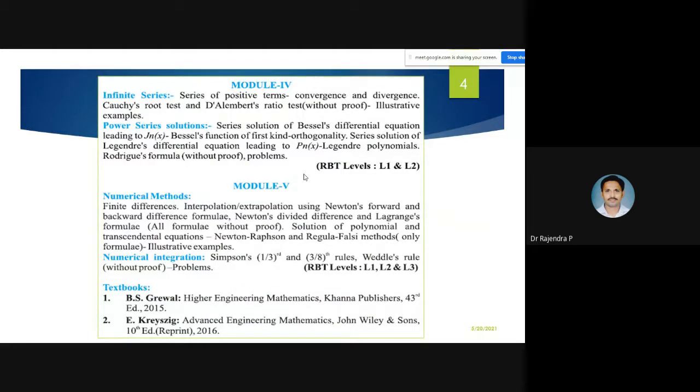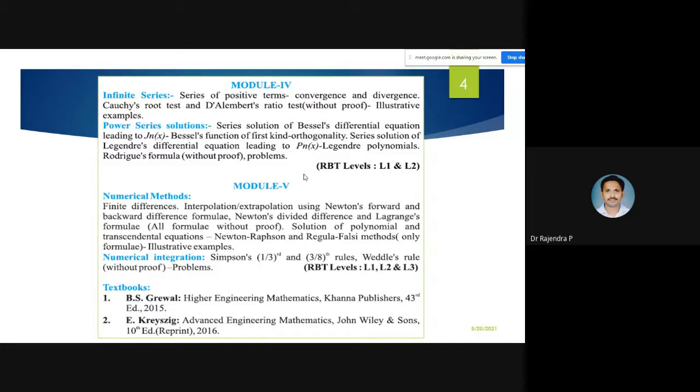In module 4, we'll introduce sequences and series, which is also a very important method to solve our differential equations. Here, we should know how sequences and series are applied to solve differential equations, and when we talk about a series, it should converge or diverge.